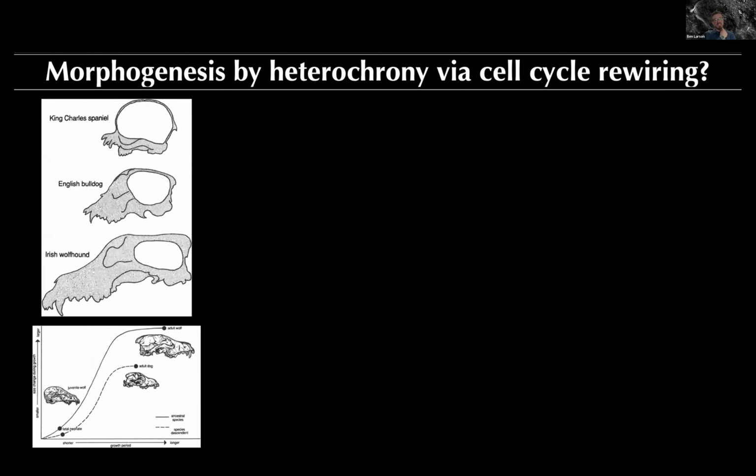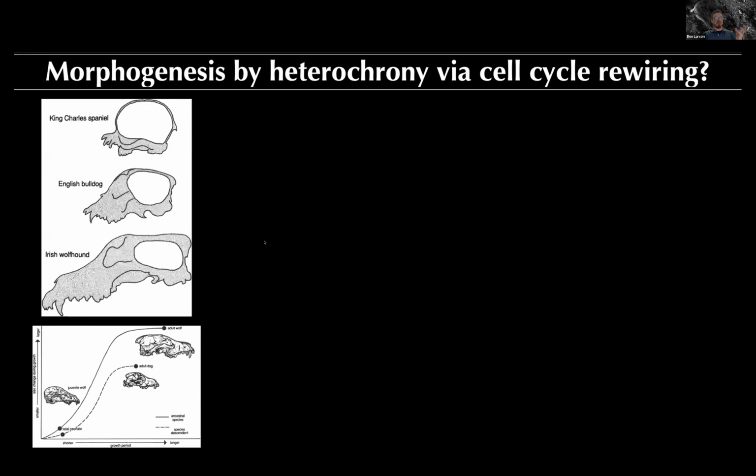This is basically a change in the timing of a particular developmental process that can give rise to different kinds of morphologies over evolutionary timescales. One somewhat famous example is the rescaling of dog skulls through differential timing of different developmental processes, giving rise to different dog morphologies over the course of domestication.